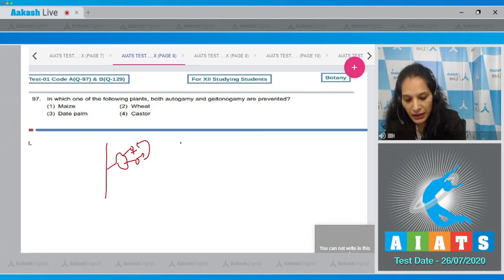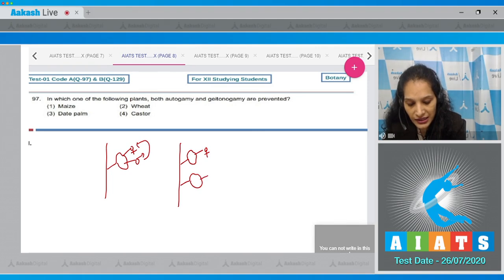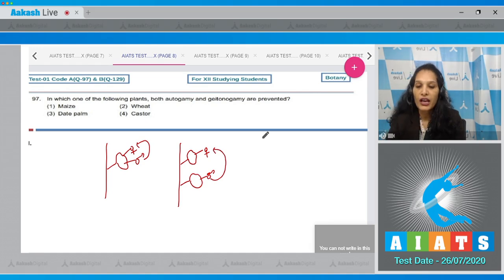What is geitonogamy? Geitonogamy happens when a plant bears unisexual flowers, means the sex organs are present on the same plant but not in the same flower. And now the pollen grains are transferred from one flower to the stigma of another flower. So this is geitonogamy.